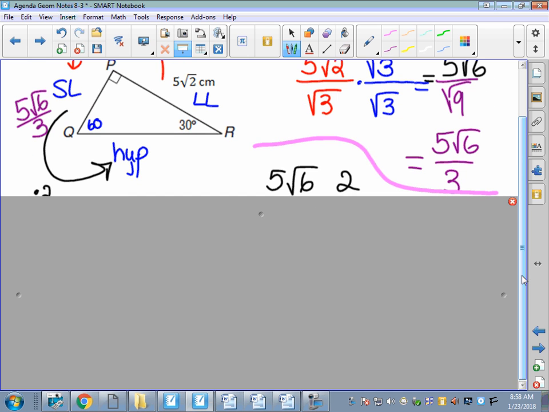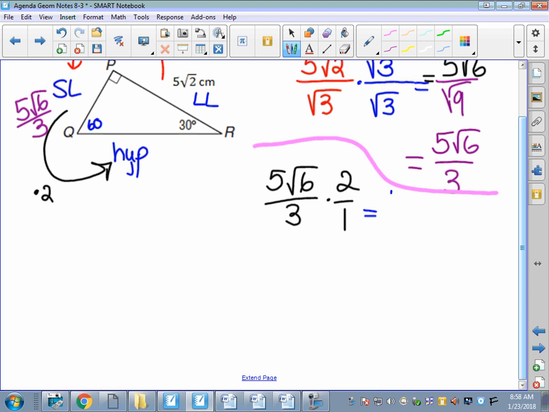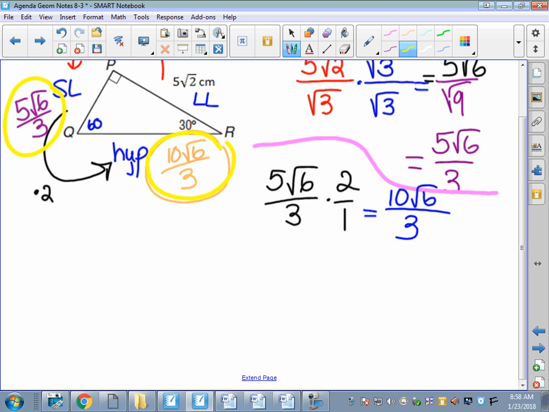Multiply the numbers, keep the radicals separate. So 10 square roots of 6. Bottom 3 times 1 is 3. So the hypotenuse is 10 roots of 6 all over 3. Not the most beautiful answers we've ever seen, but they're answers.